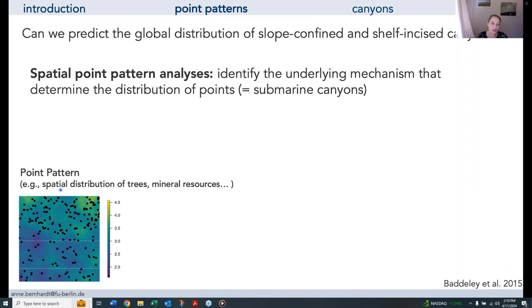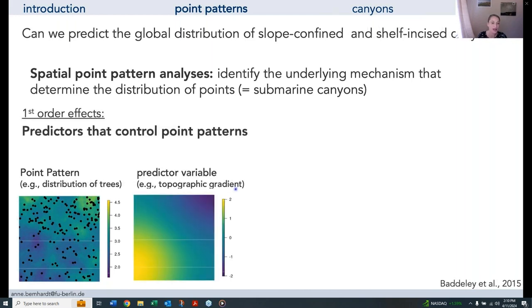This could be the spatial distribution of trees, mineral resources, submarine canyons, landforms, you name it. And then we identify so-called predictor variables, for example, the topographic gradient, the continental slope gradient, which is defined in the same spatial window as the point pattern, and we can test whether the topographic gradient relates to the point pattern, and if so, how.